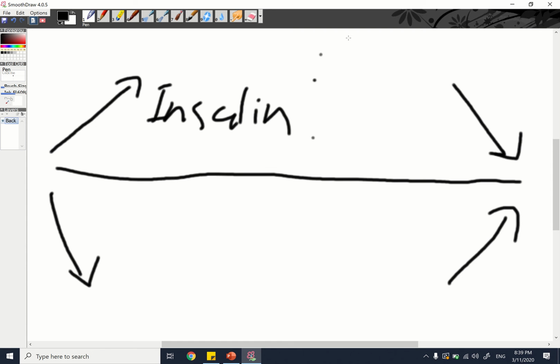Glycogenesis. So this is the making of glycogen from glucose. Now this is another biology knowledge. Our body can have glycogen. It's a form of complex sugar.